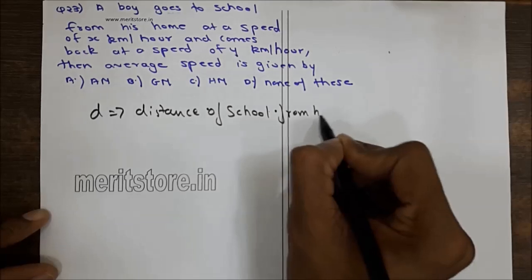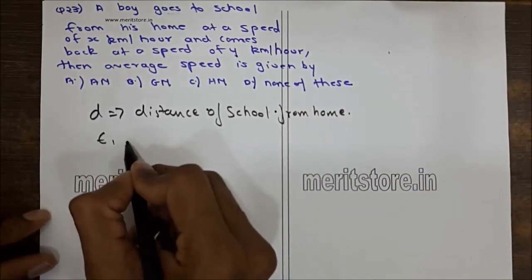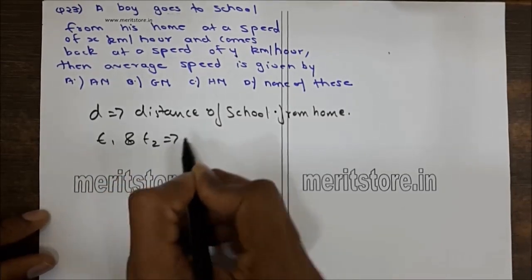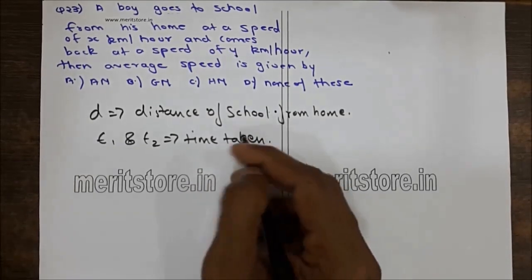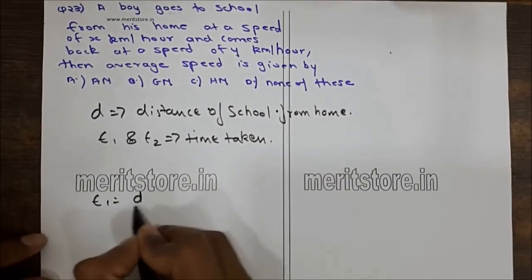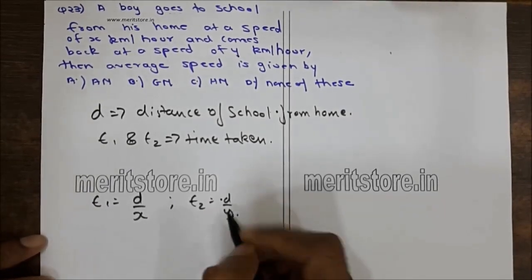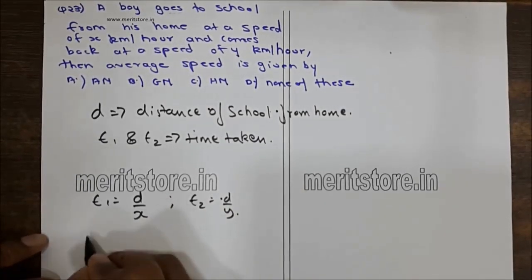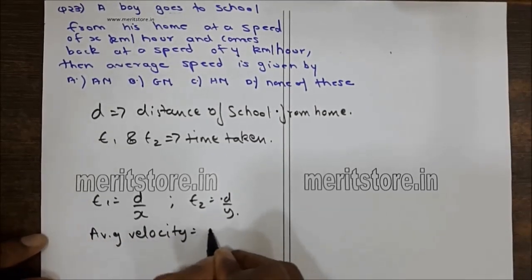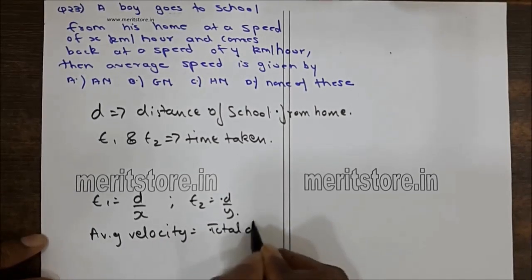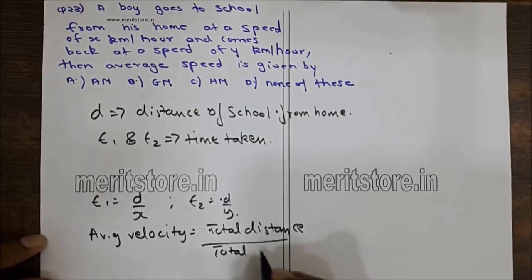Let the times taken be t1 and t2. So t1 is equal to d by x and t2 is equal to d by y. We have the formula for average velocity, that is total distance upon total time.